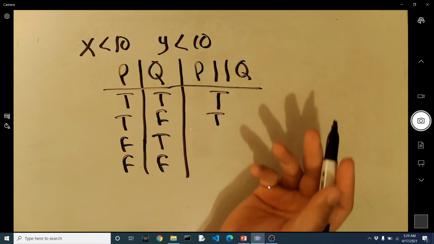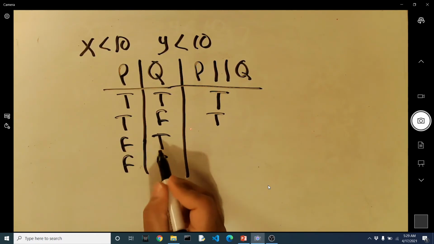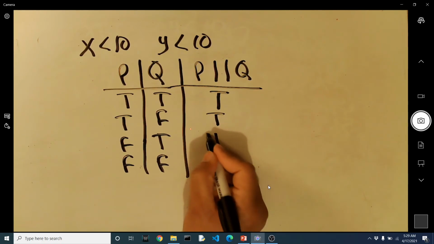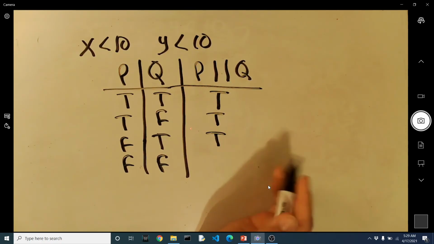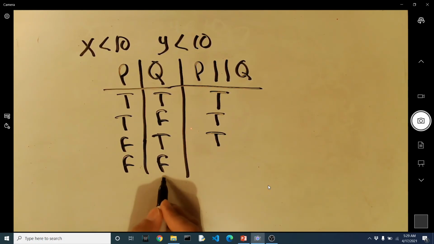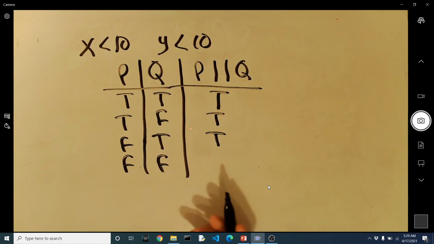It's one of these. Same thing with this one. The first condition wasn't met, but the second one was. Again, that's okay, as long as one of the conditions was met. And then this last one, none of the conditions were met, so this is the one scenario where it results in false.